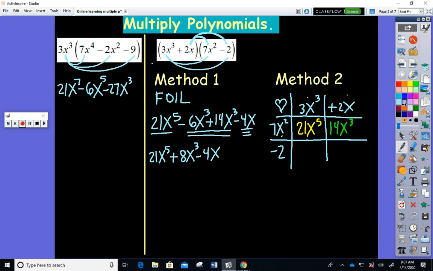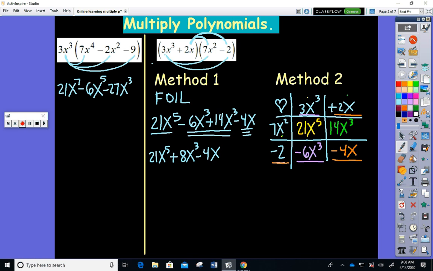So for instance, guys, in this box, I need the negative 2 on the left and the 3x cubed on the right. And when you multiply those, you get negative 6x cubed. Last but not least, in the final box right here, I need negative 2 on the left, positive 2x on the top, and when I multiply those, I get negative 4x.